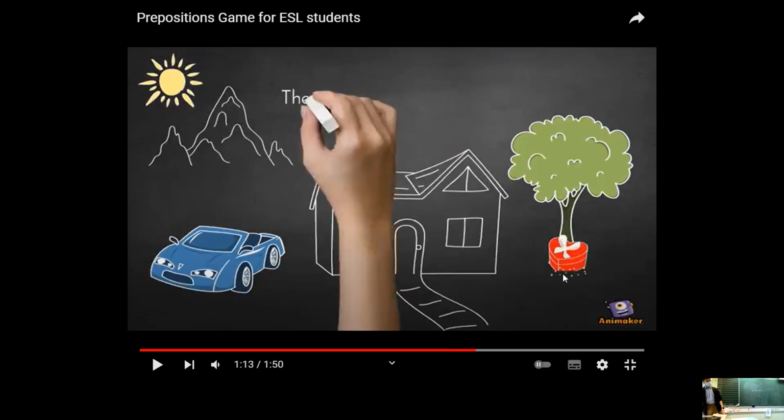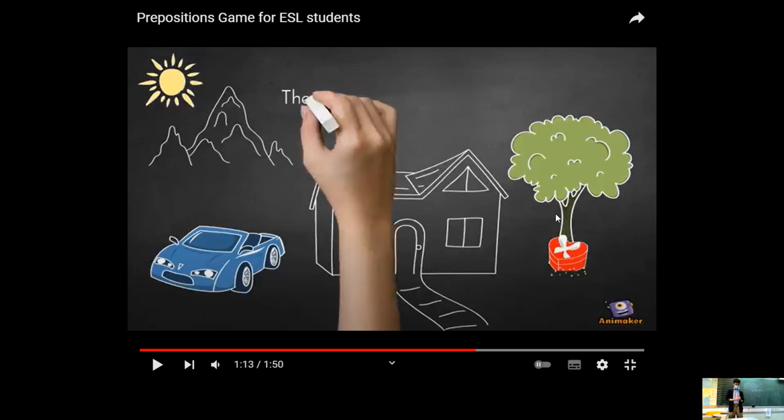We say the present is in front of the tree. Do you know what I'm doing? So you're practicing in front of and behind.